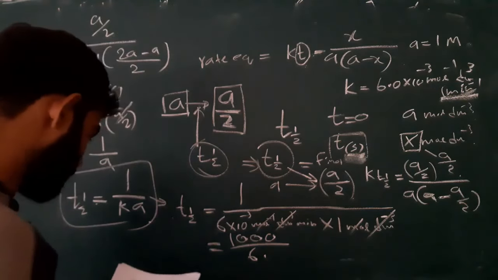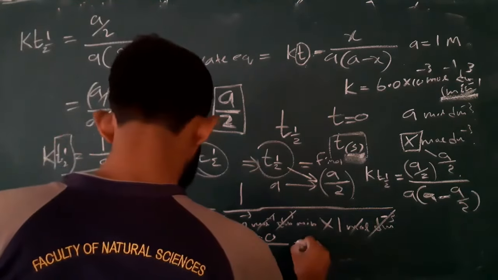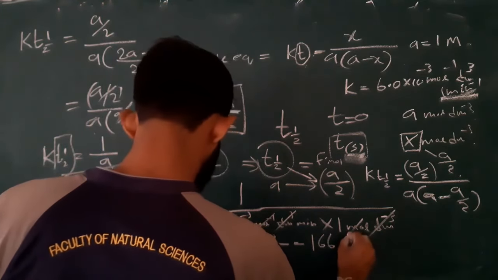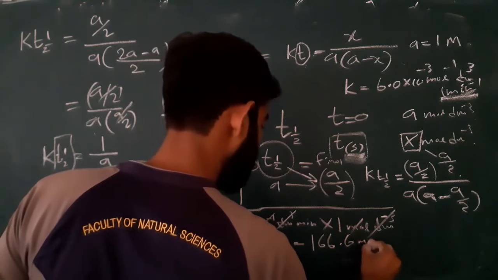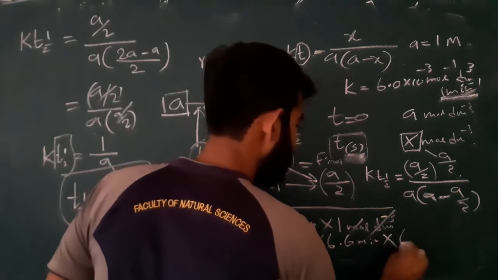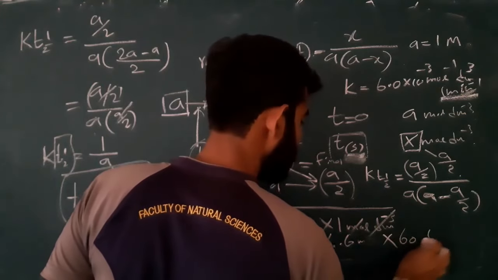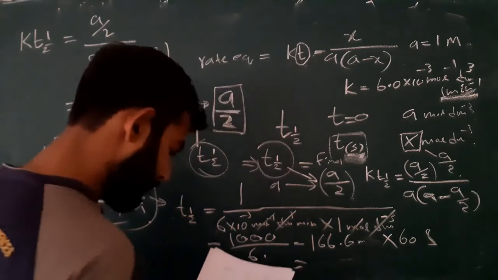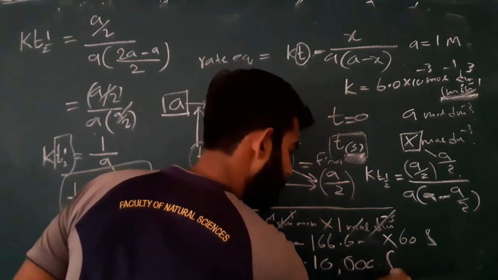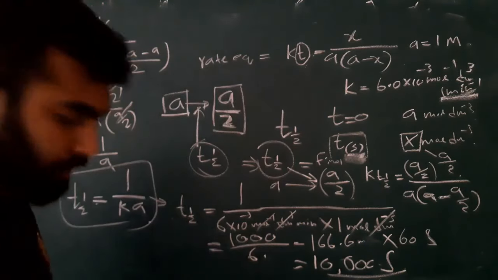You will get the answer 166.6 minutes. However, they are asking in seconds. So multiply by 60, and we will get seconds. The answer is 10,000 seconds. This is the answer.